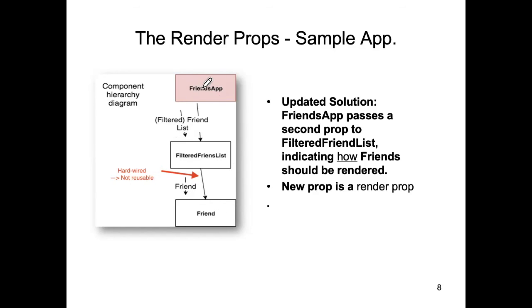And the way we're going to do it is this component here is going to pass a render prop down to this one. It's going to tell it how it should render a friend. It's going to specify the particular type of friend component that it should use in order to generate the list of friends. And we will do that using the render prop pattern.